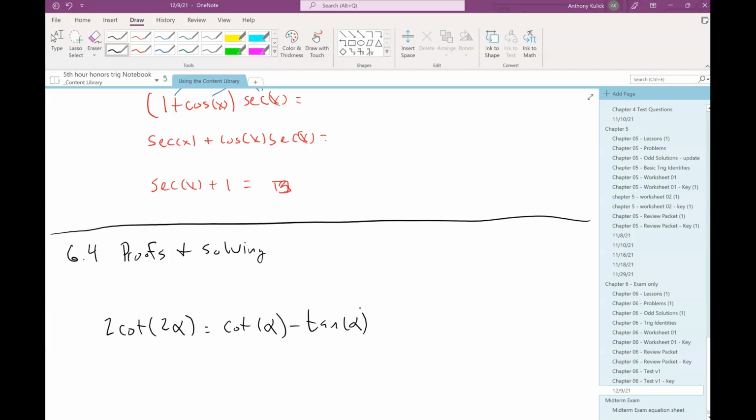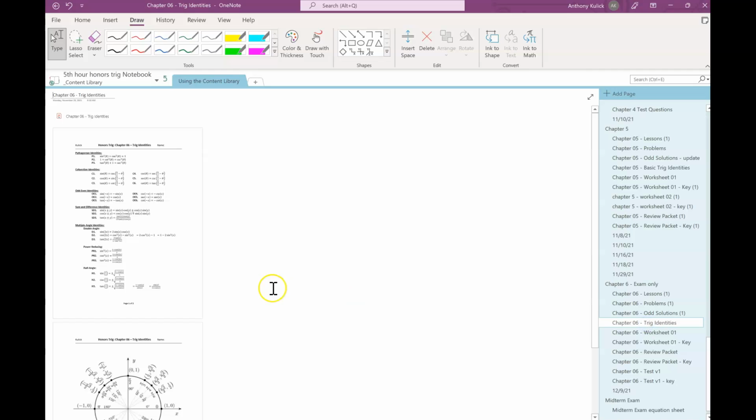Here, we're going to look at a couple of proofs, well, I guess just one is all I really wanted to talk about. But we're not going to give you any indication of which identities you might want to use.